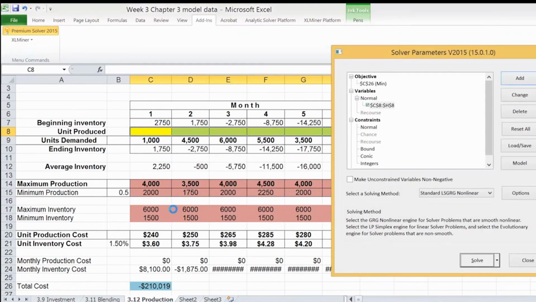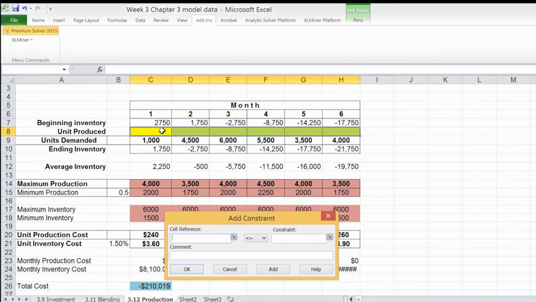And the constraints you have will be, so the decision variables need to be less than or equal to the maximum production. Add. Decision variables need to be greater than or equal to minimum production. So that's the production part.